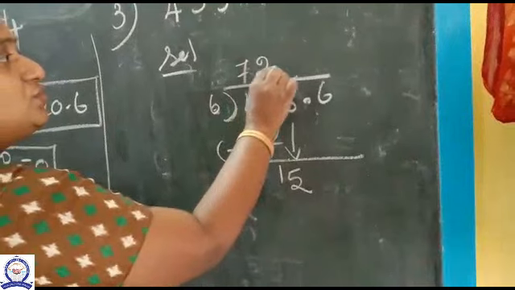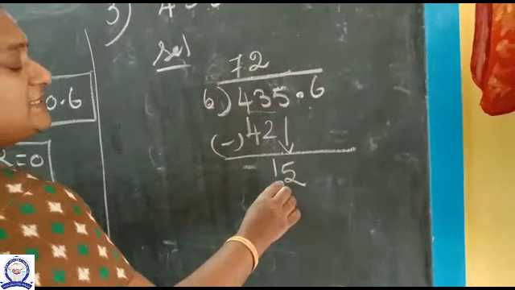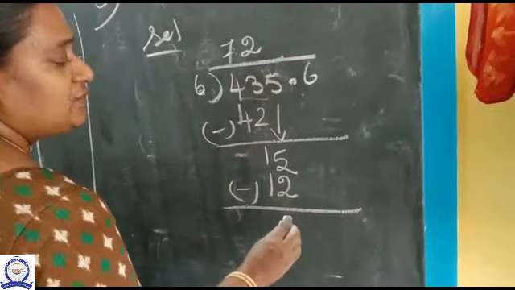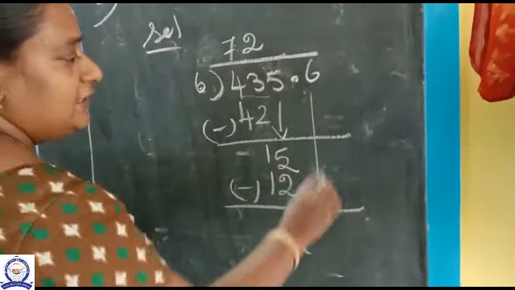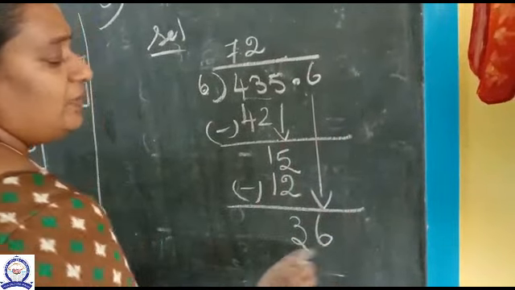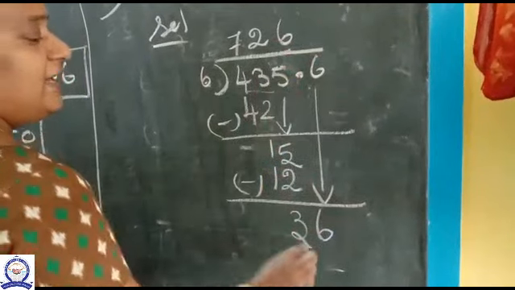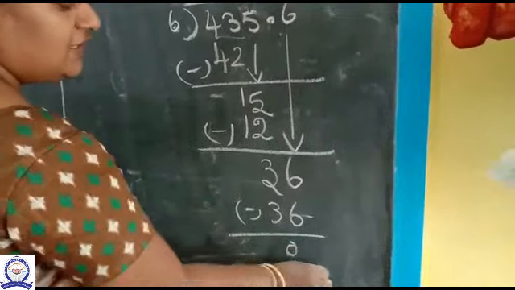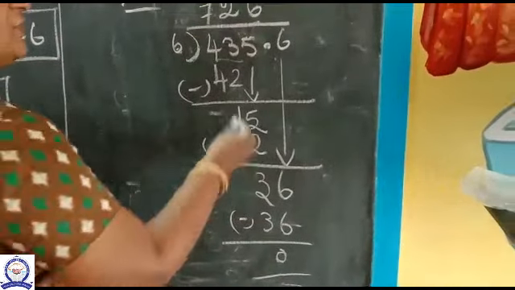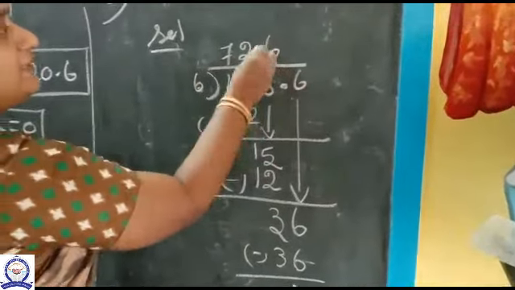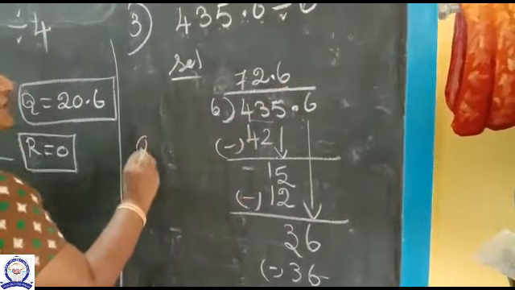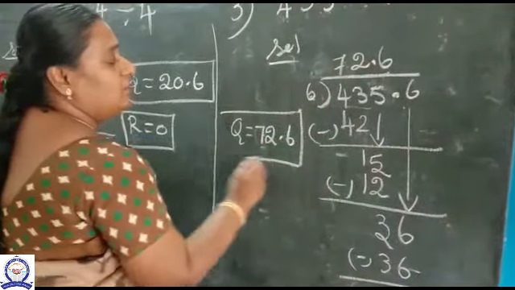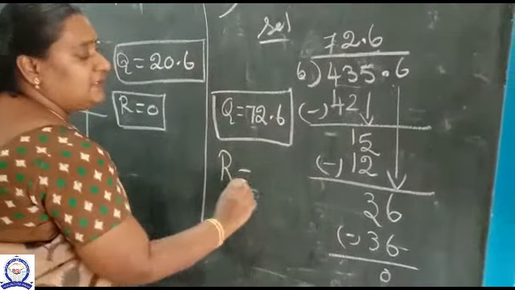So 6 2s are 12. So you subtract 15 minus 12, 3. Next step you bring down 6. Now it is 36. 6 6s are 36. So 36 minus 36, 0. So point எங்க வைக்கணும்? பின்னாடி இருந்து ஒரு place. So the quotient is 72.6 and the remainder is equal to 0.